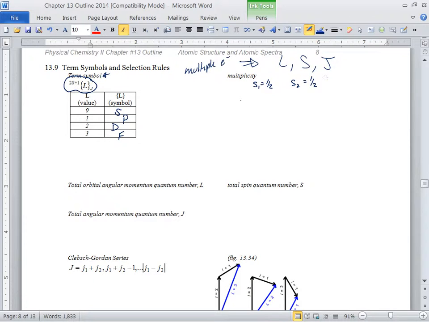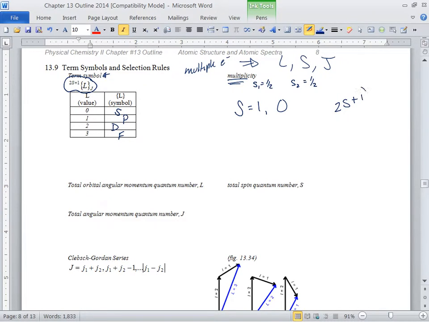What would be our total spin quantum number, S? It's going to go from what to what? 1 to 0. You have to couple them. Is there anything in between? No.